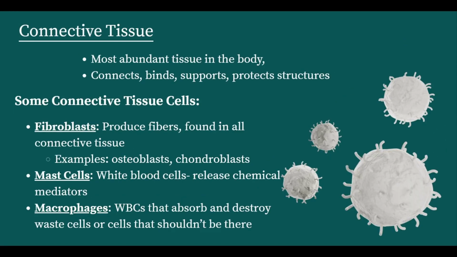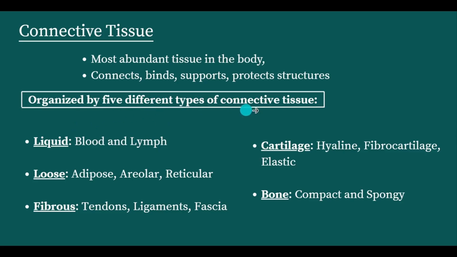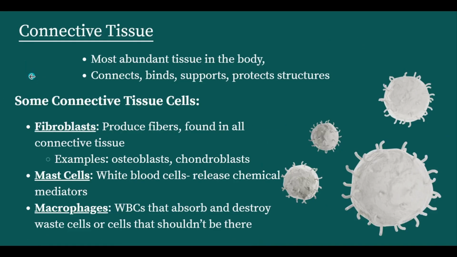Okay, so now the most abundant tissue in the body is the connective tissue. We're going to go over the 5 different types of connective tissue in just a minute, but first we just have to get some other information out of the way.